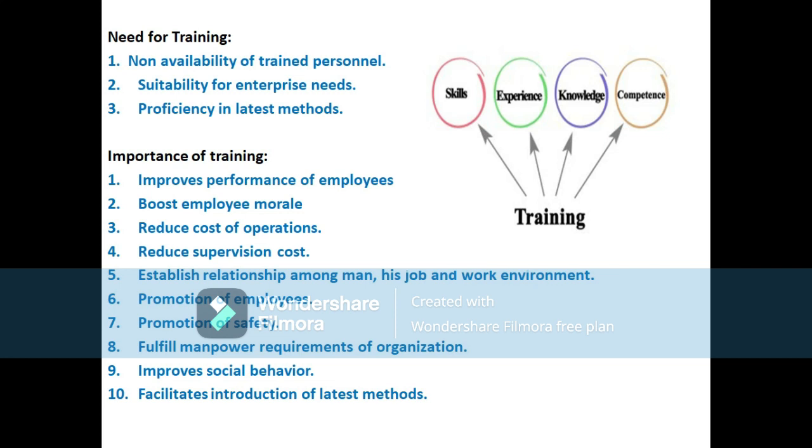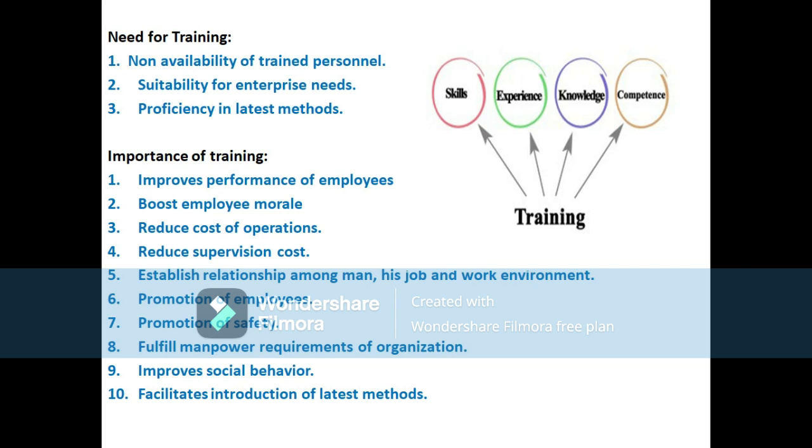First one is improves performance of employees. What does enhancement of performance of employees mean? All training programs directly or indirectly contribute to a higher level of performance on the part of employees. Here training helps employees improve both quantity and quality of production through improvement in work methods and skills.